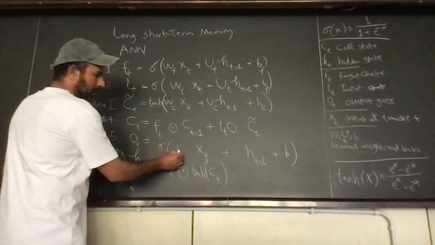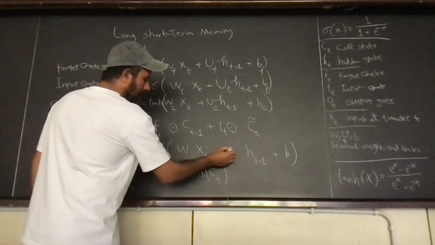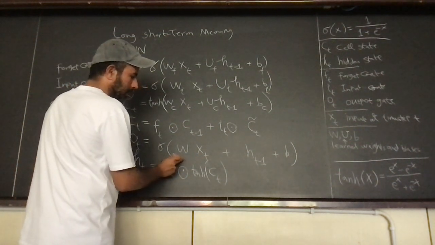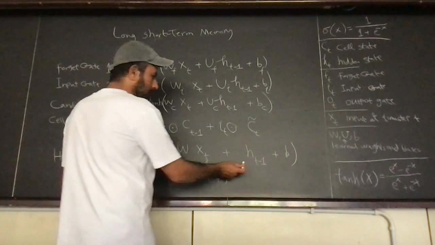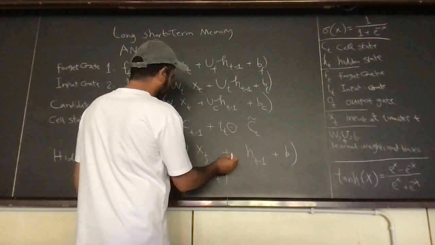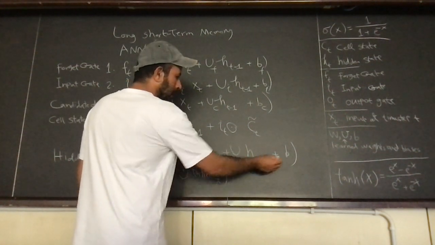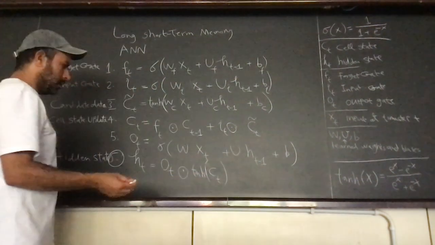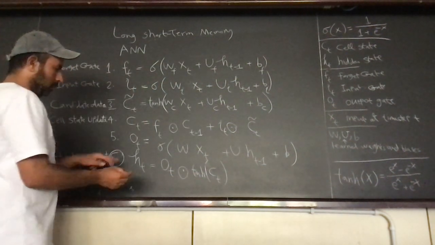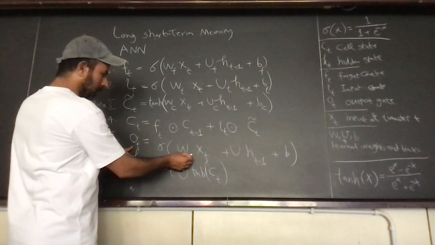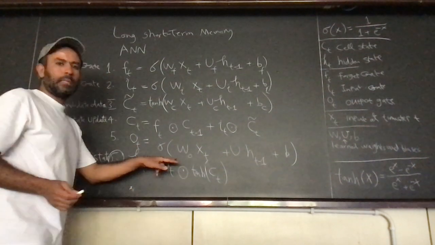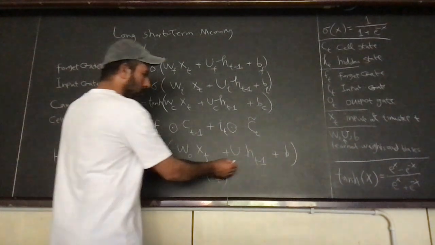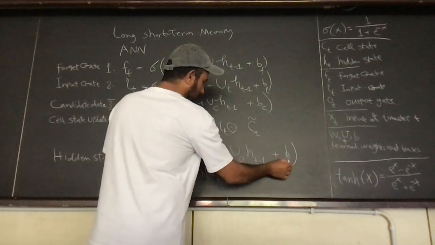And we add the weights. Weights for the input is W, weights for the hidden state is U, and the bias. We add also the subscript o to make it distinct, here, and here, and here.